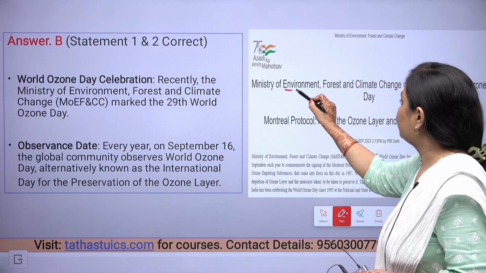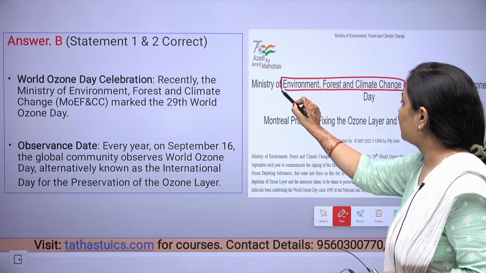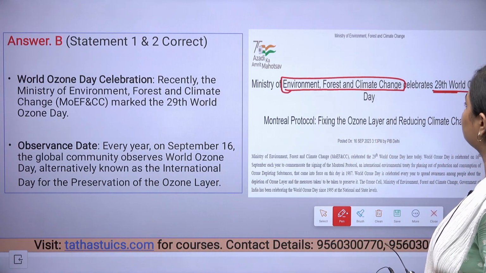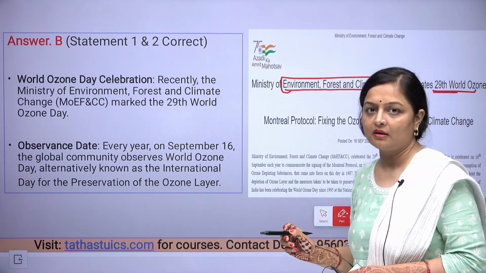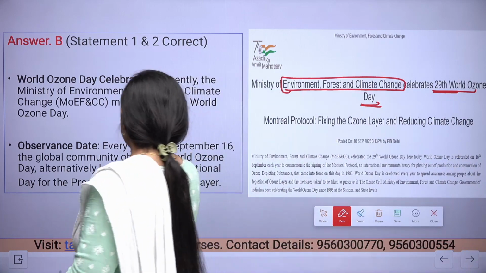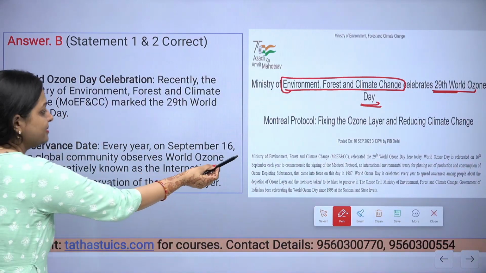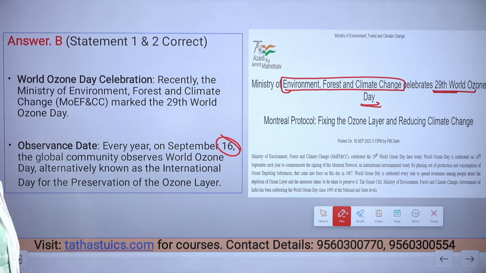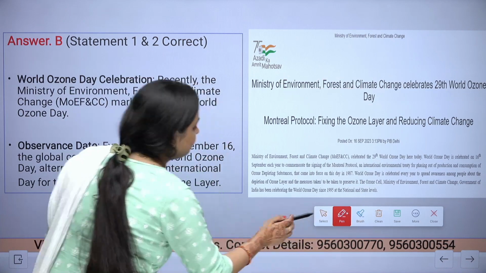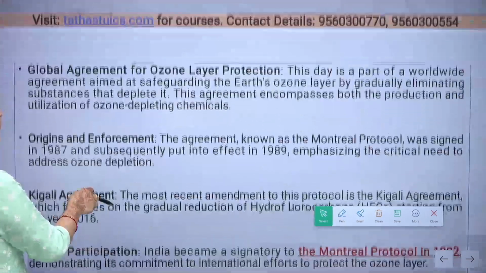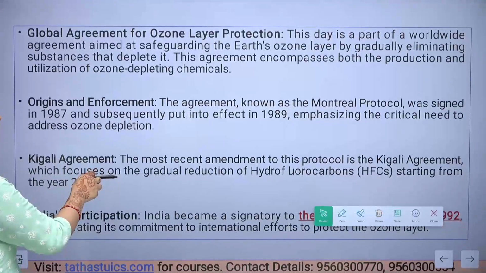Now, the Ministry of Environment, Forest and Climate Change celebrated the 29th World Ozone Day. Recently it was observed on September 16th. This is observed every year on that particular date only.